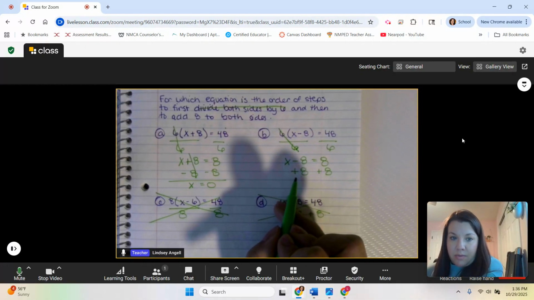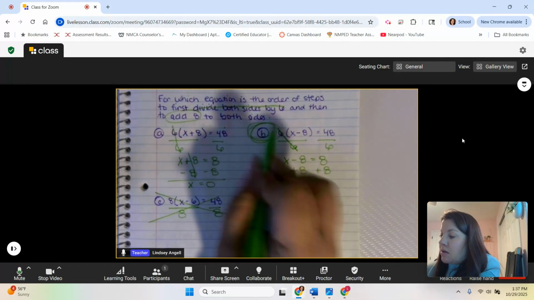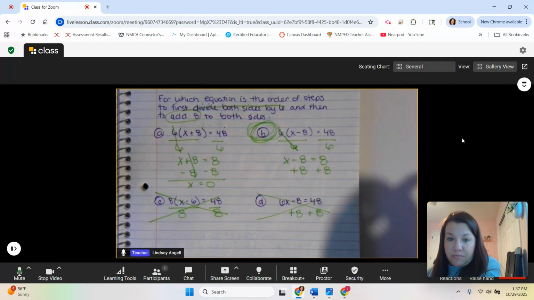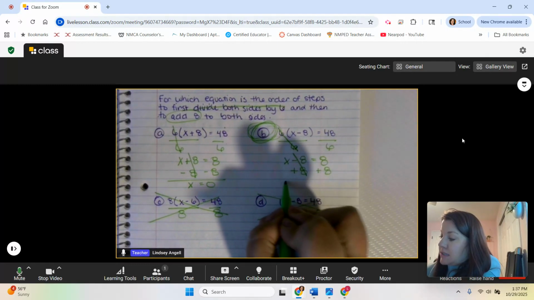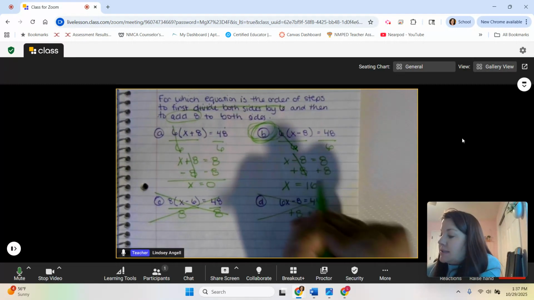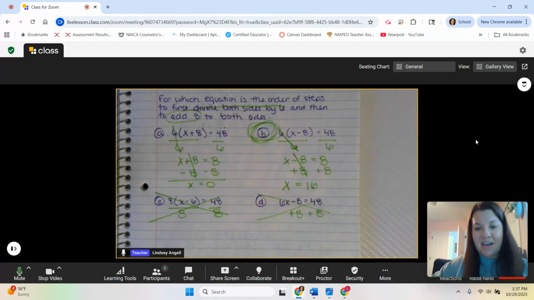To get rid of it, we need to add 8. So B is our final answer. And just to finish it off, negative 8 plus 8 is 0, so we're left with x equals 16. Okay, so I hope that helps, and as always, reach out to me if you need extra support.